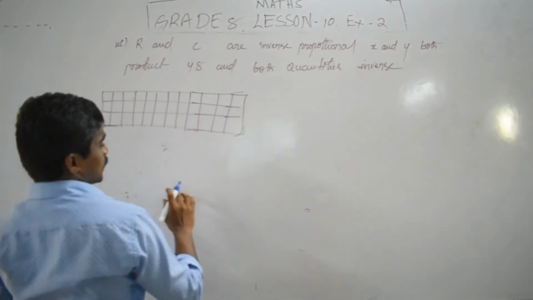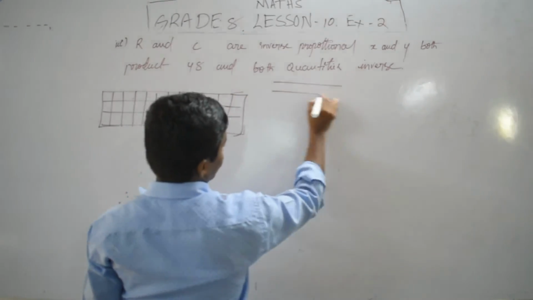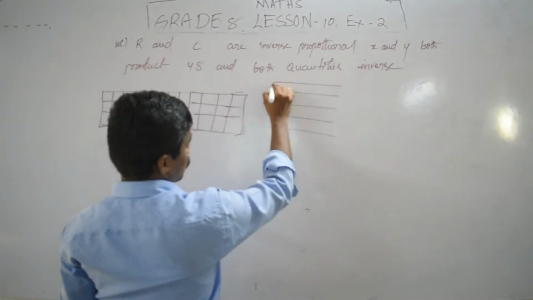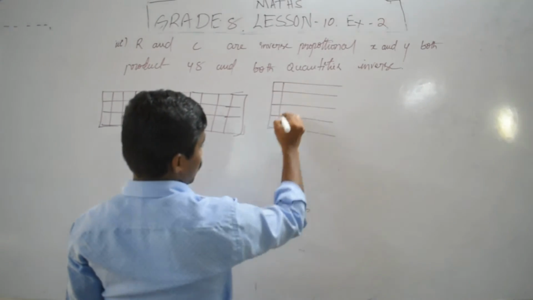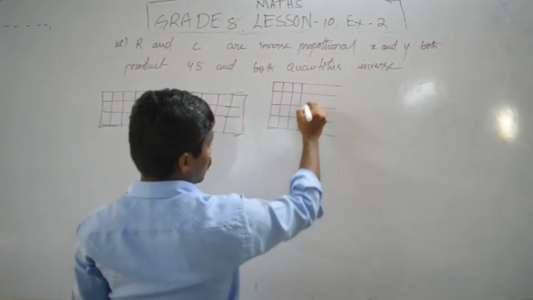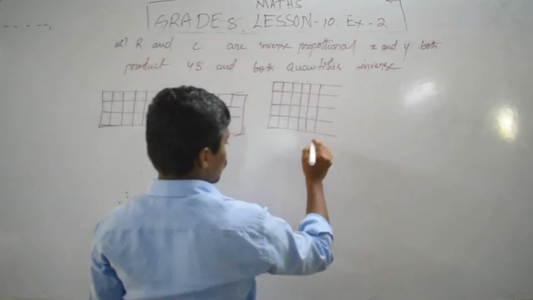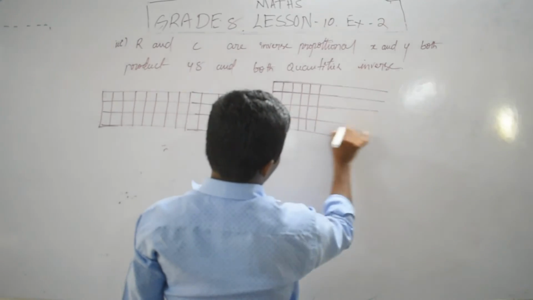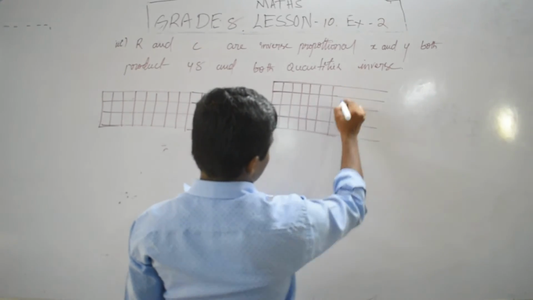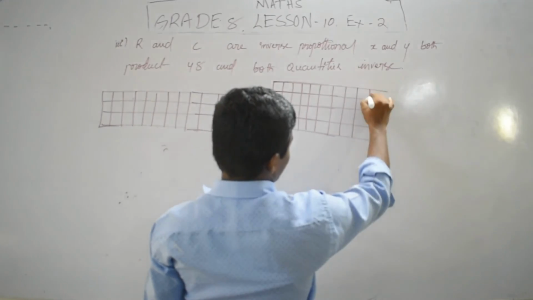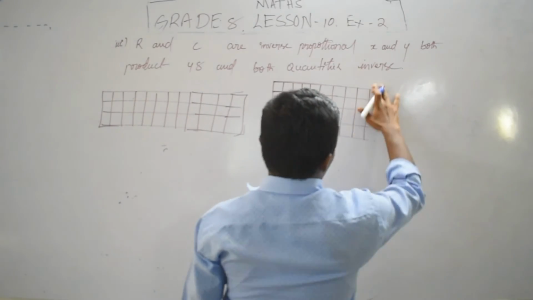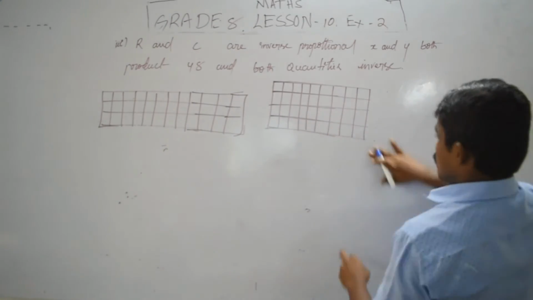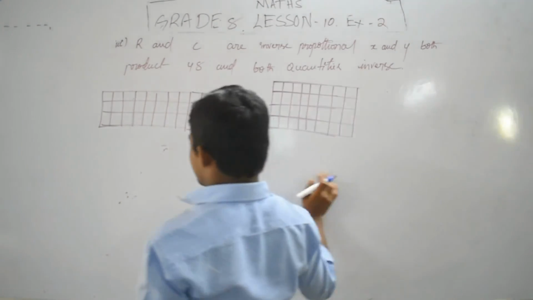So these are 36. And 1, 2, 3, 4, 5, 6, 7, 8, 9. 1, 2, 3, 4. So these are 36.